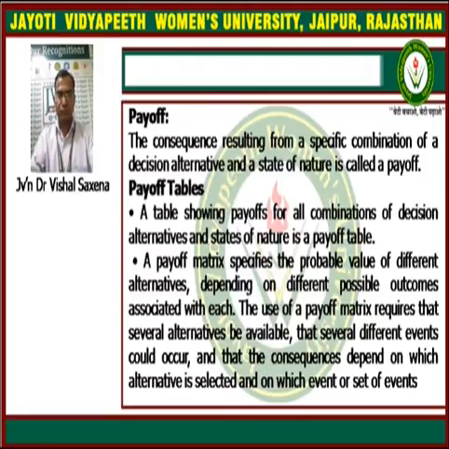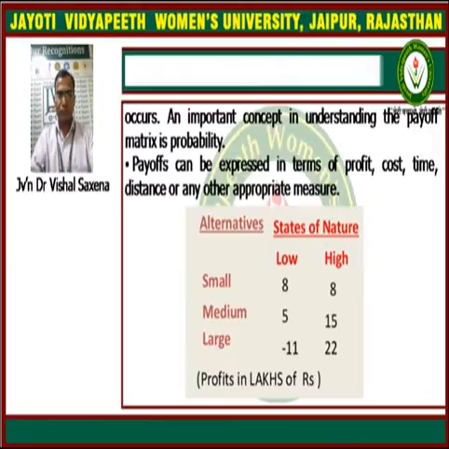So if we have to construct the payoff matrix, we are required to have several alternatives, that several different events could occur, and that the consequences depend on which alternative is selected and on which event or group of events occurs.